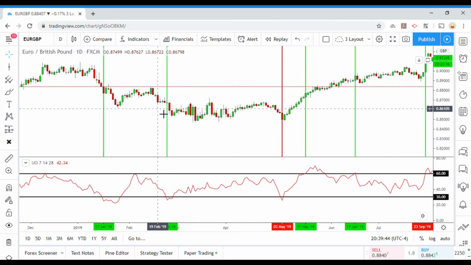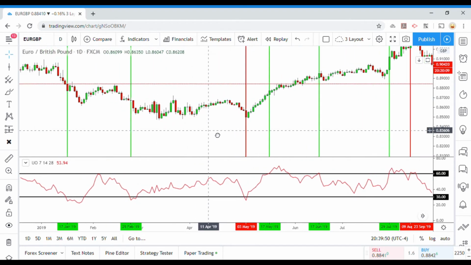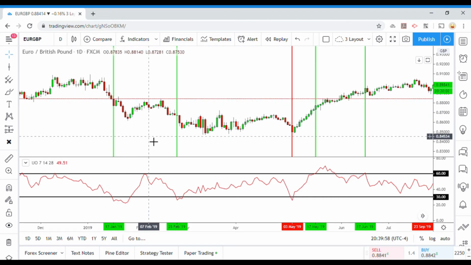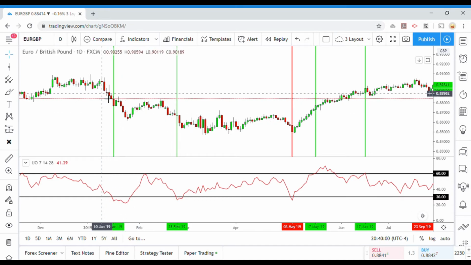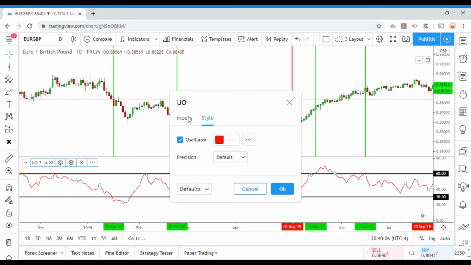It kind of did the same thing right here, where it seemed delayed. So you want to be careful with indicators that take too long to get you into a trade. We want to be capturing as much of this trade as possible.